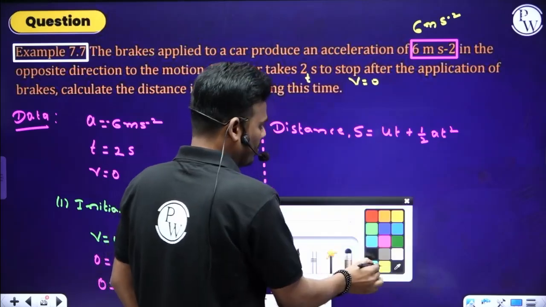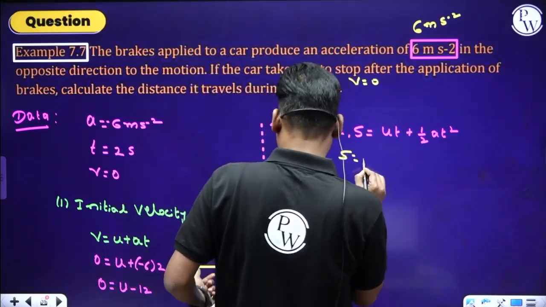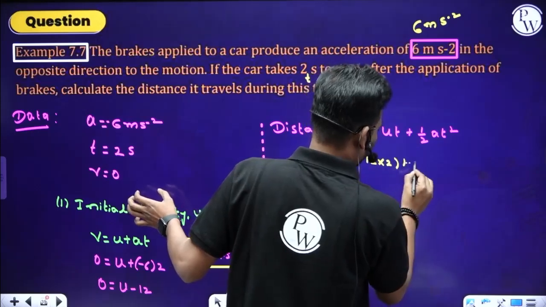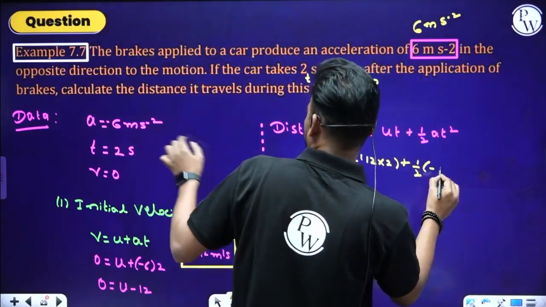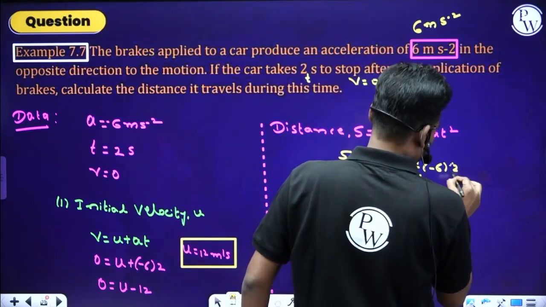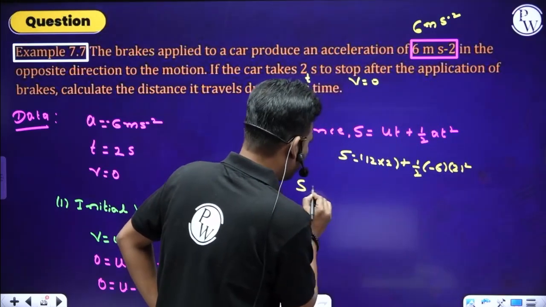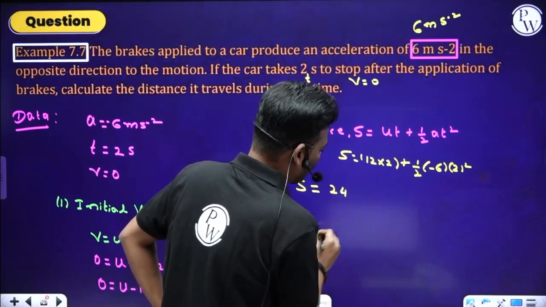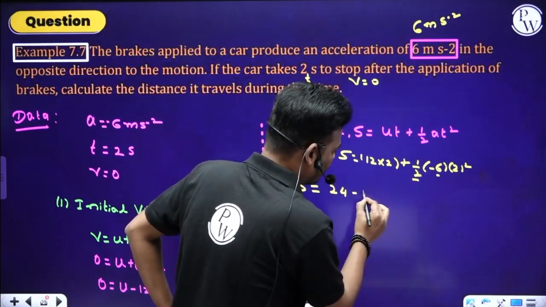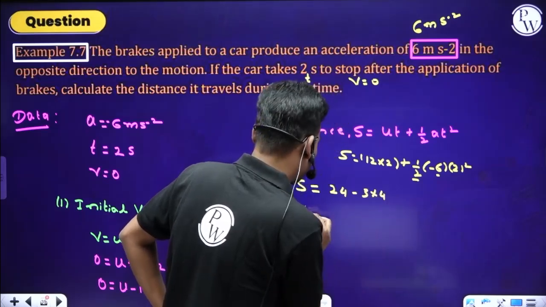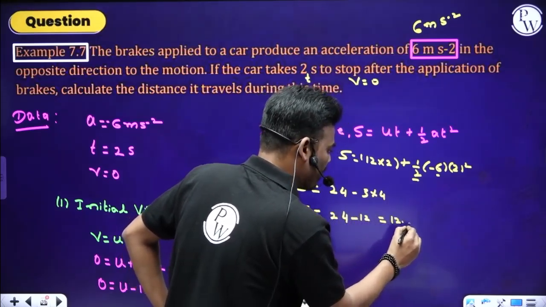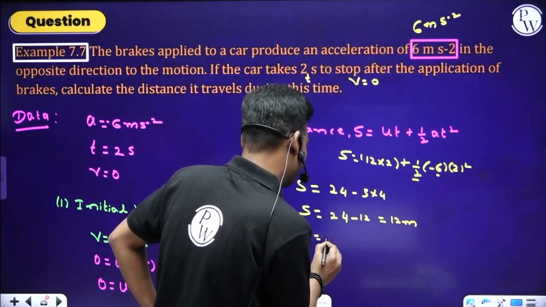Now s is equal to u, that is 12, times 2 seconds, plus half acceleration, that is minus 6, because it is opposite in direction, and t square, that is 2 square. Displacement equals 24, 12 into 2 is 24, plus minus, 2 ones are 2, 2 threes are 6, so 3 into 4 is 12. So s is equal to 24 minus 12, so 12 meter distance it will travel.